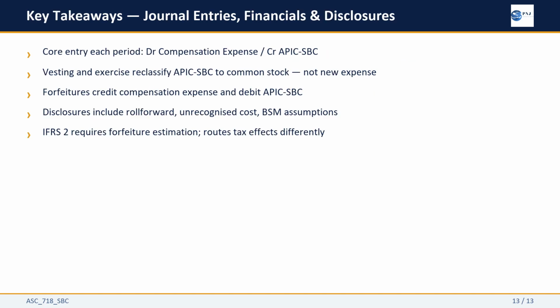We have now walked through every SBC journal entry, 3 worked examples to validate the numbers, financial statement presentation rules, and the full disclosure package required under ASC 718. The core entry is simple: debit compensation expense, credit APIC-SBC, but the complexity lies in getting the amount right through all the scenarios: performance condition updates, modification add-ons, forfeiture reversals, and tax accounting.